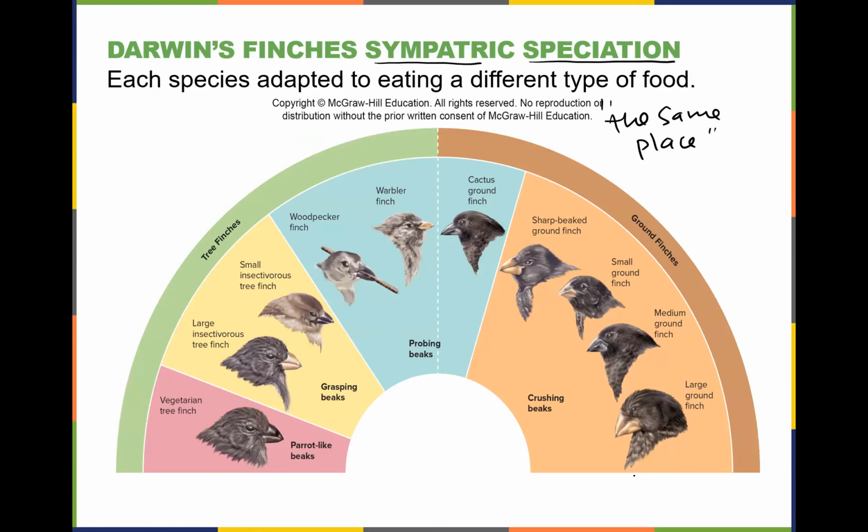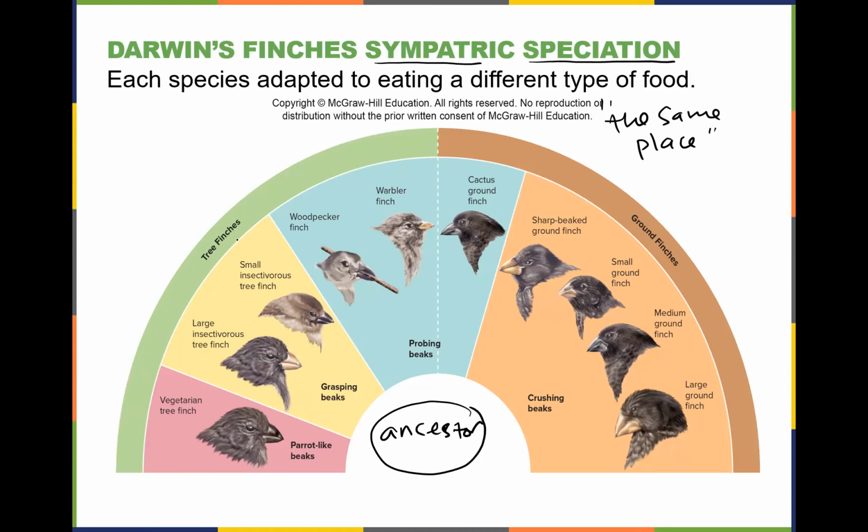Due to their adaptation to their food, they come from one ancestor over here, which evolved into different types of finches. And these different types of finches, because of the different types of food that they eat, are adapted to their food.